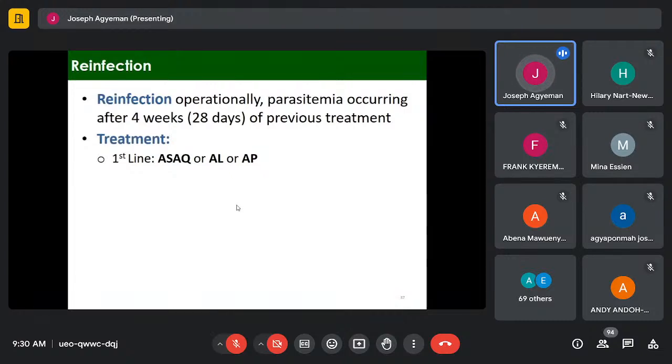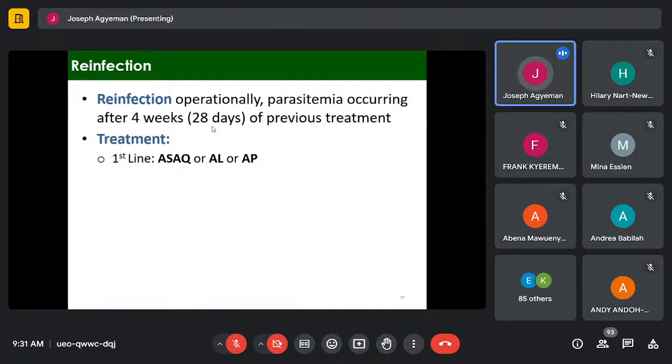As I've been saying, if the treatment failure is as a result of reinfection, then of course you will get the signs and symptoms again, but it will be after 28 days that the fever and all the other signs and symptoms will come in. In that case, it's a whole new infection, independent of the first one.